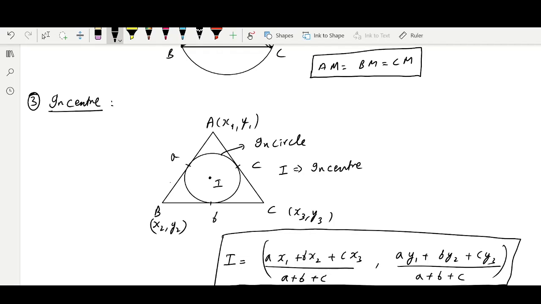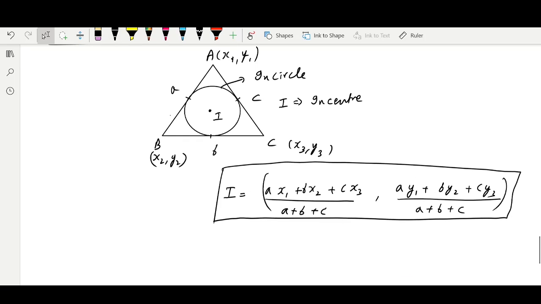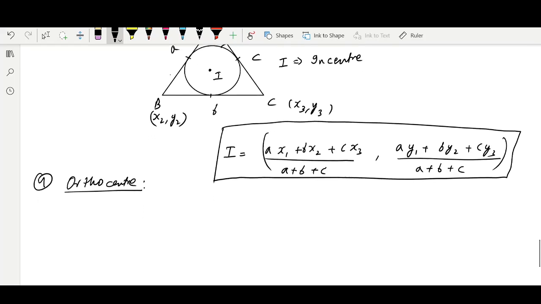Okay, so these were the important standard points inside a triangle. Now there is one more point known as orthocentre. So orthocentre is basically the point where the altitudes intersect.